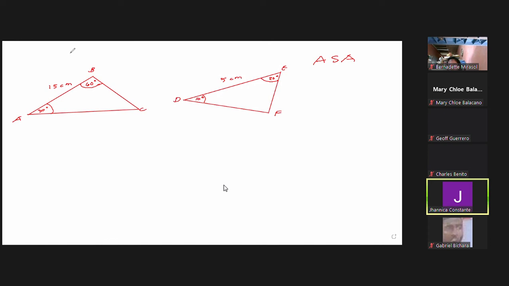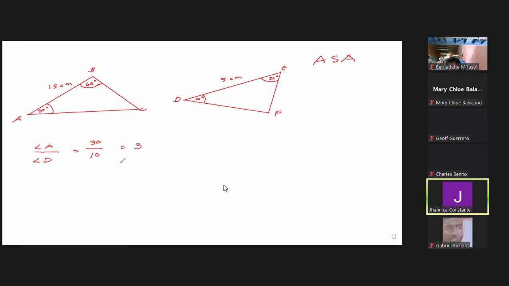So let's start with our first angle. Angle A corresponding to angle D. Angle A measures 30 degrees and angle D measures 10 degrees. So 30 divided by 10 is equal to 3.